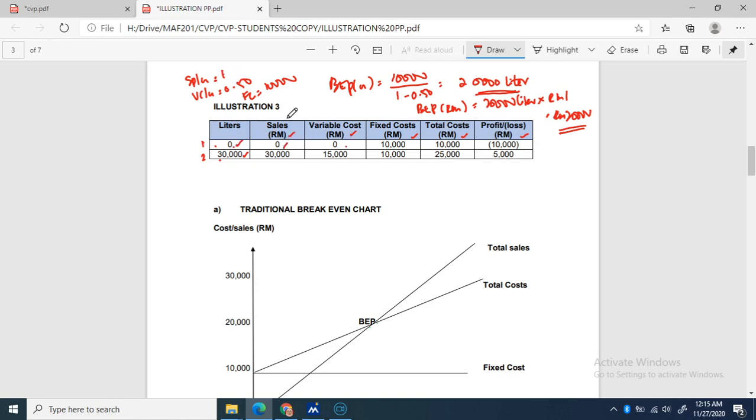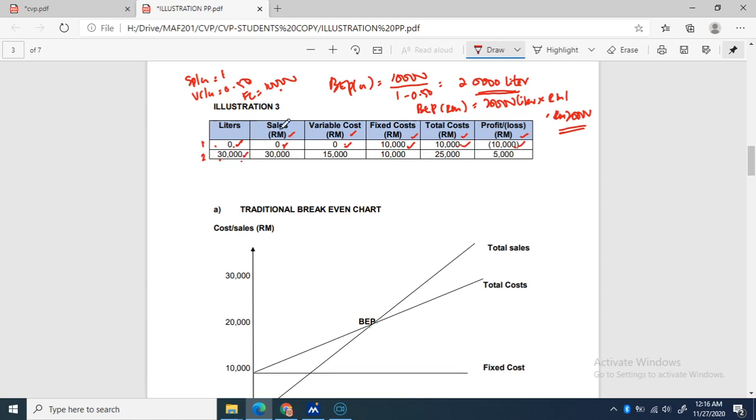Variable cost is 0 liters times 50 cents, which is also 0. Fixed cost does not change. Whatever units, or if you do not produce anything, the fixed cost remains 10,000. How much is your total cost? Variable cost 0 plus fixed cost 10,000. The total cost is 10,000. How much is your profit? Sales 0 minus total cost 10,000. You get a loss of 10,000.